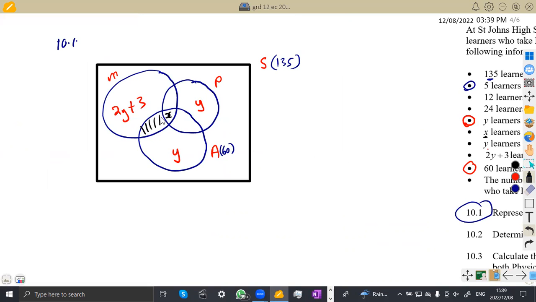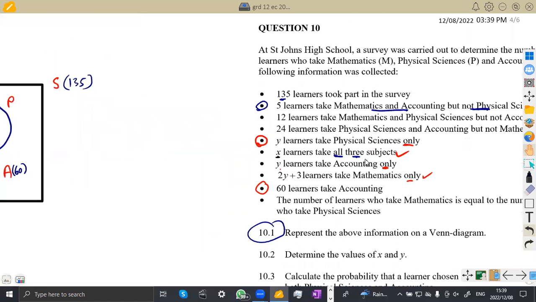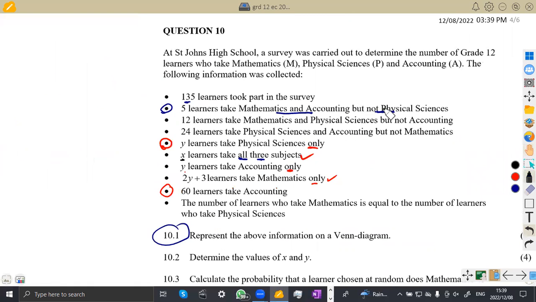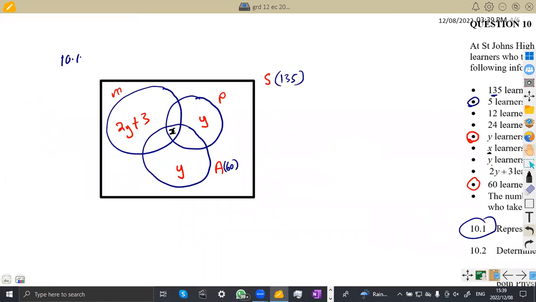We are referring to this region that I'm indicating. They can also write this statement as maths and accounting only. So that is where we are going to substitute the values that we are given. We are given that there are 12 learners who are taking mathematics and accounting but not physics, so we are going to write our 5 here.